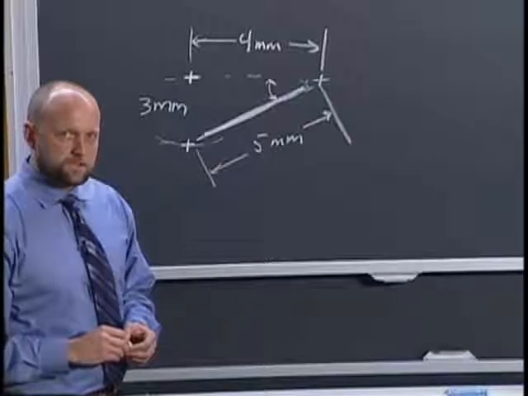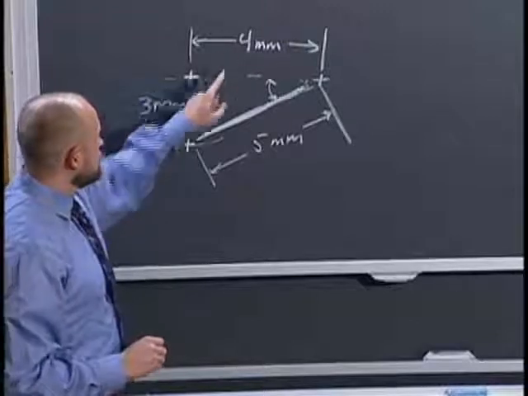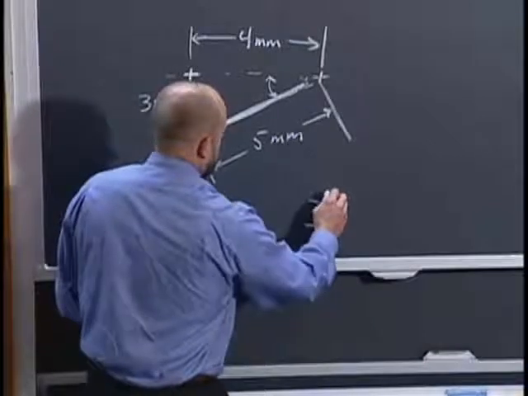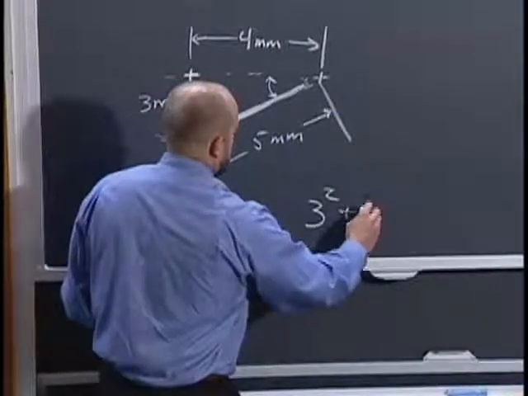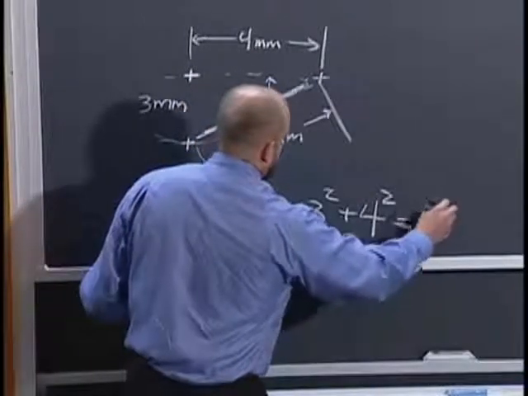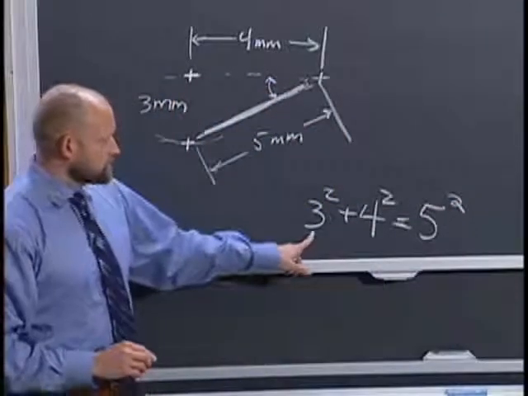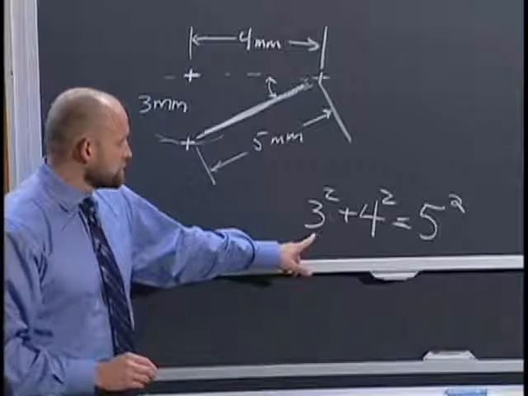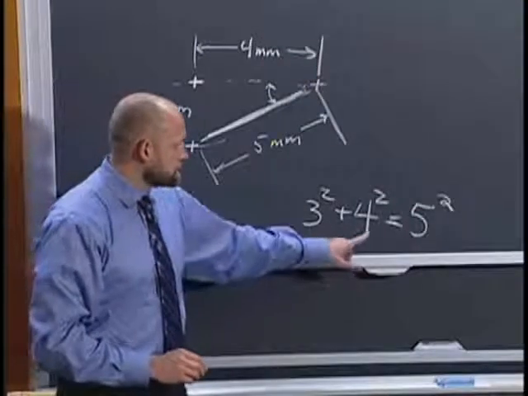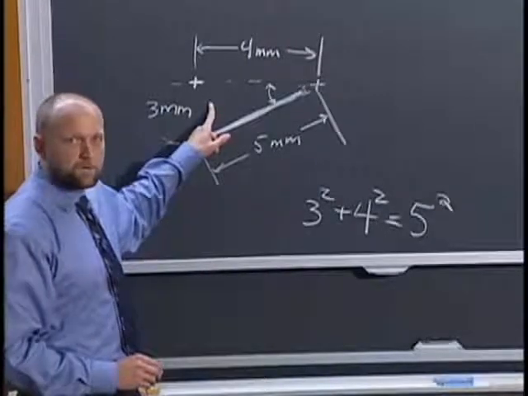And what that tells us is that if the squares of the lengths of the two legs of the triangle add up to the square of the last leg, which is true, since 3 squared is 9, 4 squared is 16, and 9 plus 16 is 25, which is 5 squared, then we know that this must therefore be a right triangle.